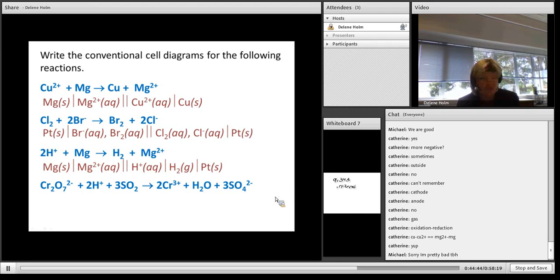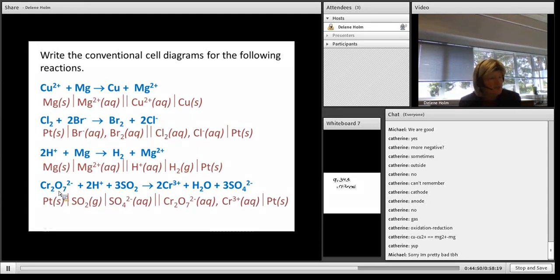So again, there's no solids in this reaction, so we've had to add platinum electrodes on each end. So it's SO2 gas, because we were bubbling the gas through to form sulfate, and the aqueous dichromate forming aqueous chromium with a comma. That's really the hardest sort of cell diagram you'd have to work out.